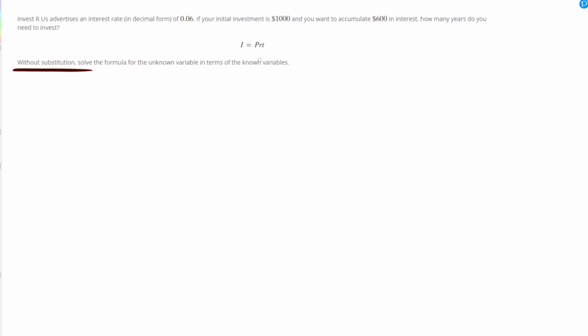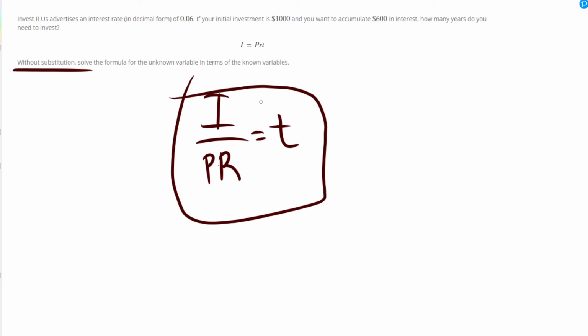So we want to get t by itself, and to do that, we can just divide by p times r. So it will be I divided by p times r is equal to t. That would be our answer. Fairly straightforward. If you have any questions, please let me know.